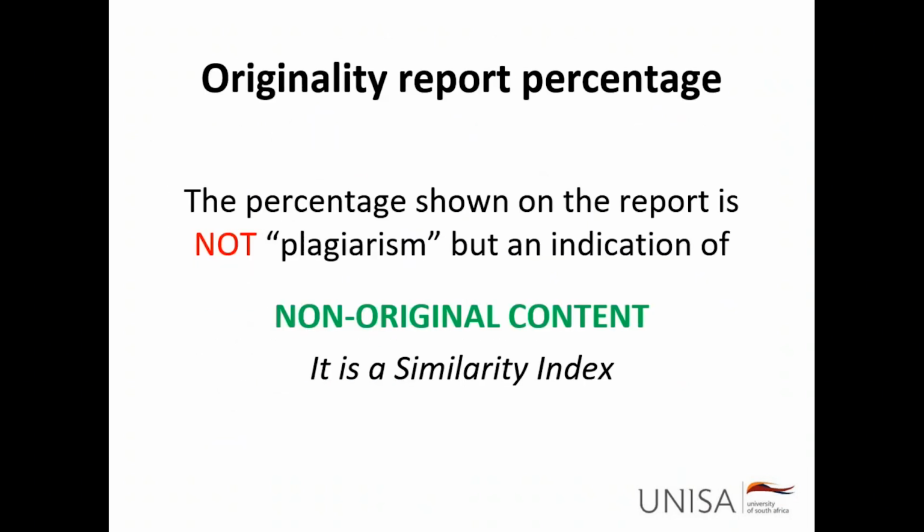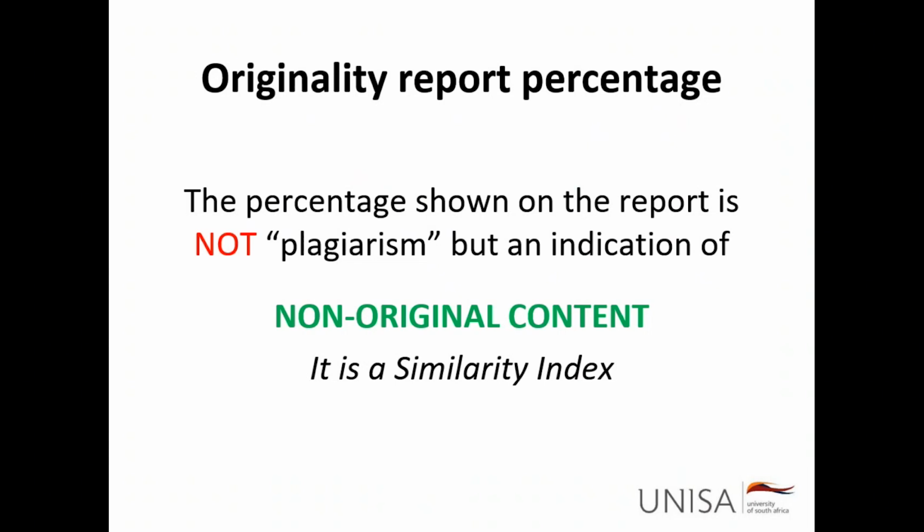Okay, the only thing that this percentage shows you is that it is non-original content. It tells you how much from that specific submission is not original. It is not a plagiarism percentage. So also, please do not refer to it as a plagiarism percentage because it is a similarity index.